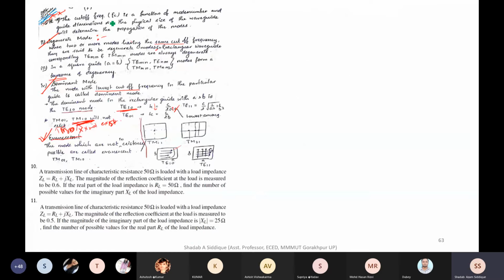Now the next, we have the cutoff frequency. We have some definitions which we have gone through in the lecture slide also. So the cutoff frequency fc is a function of mode number. I told you that fc is equal to 1 by 2 root under mu into epsilon, square root of (m by a) whole square plus (n by b) whole square, which I talked about for the rectangular waveguide.